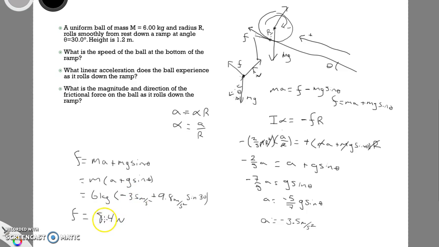Okay, and then of course all of this is based on the assumption that it doesn't slip. Because when it slips, this equation goes out the window and we can't do this analysis anymore.